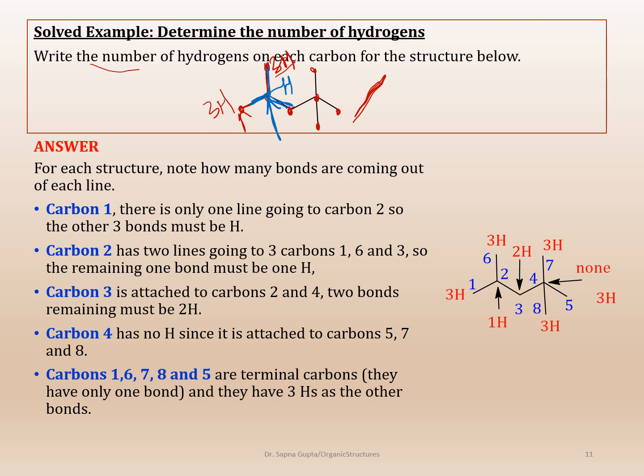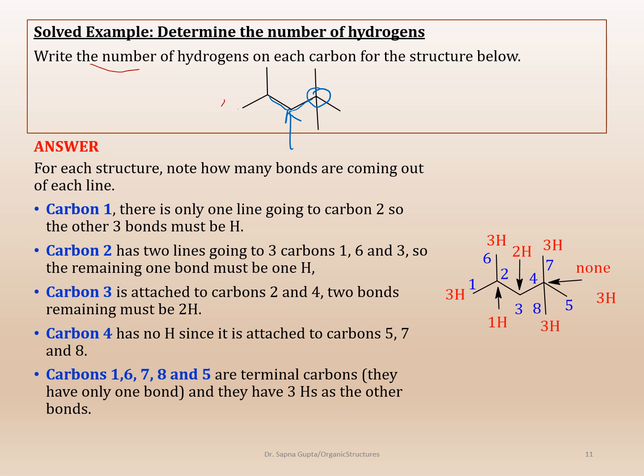Now that there's a little bit of a mess, I'm going to go ahead and erase all of this and show you how to do the next one, and hopefully you can do this a little faster. This carbon has 2 bonds coming out of it. It means that the other 2 that are invisible are hydrogens. This carbon has 4 bonds coming out of it. That's it.